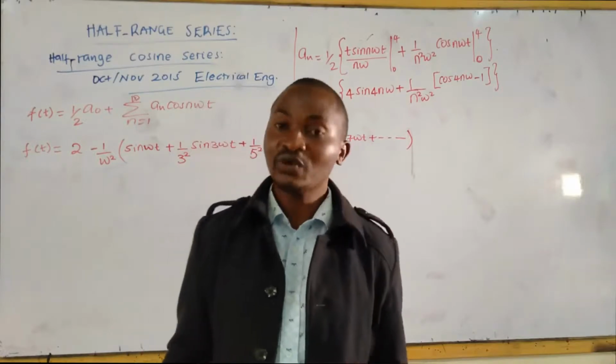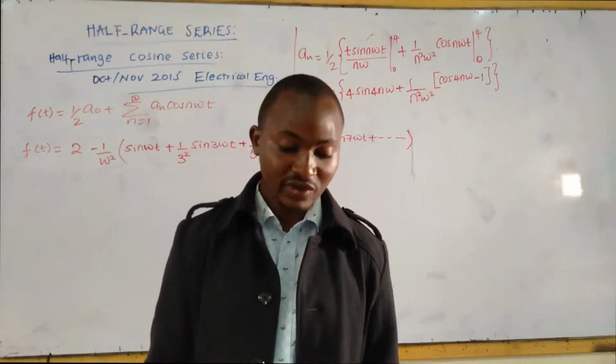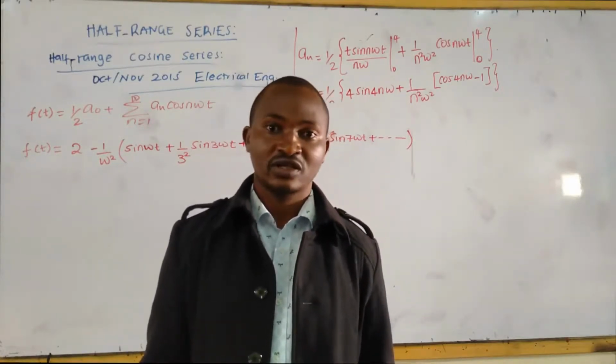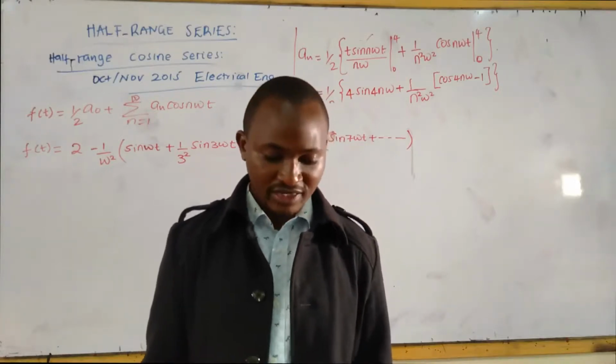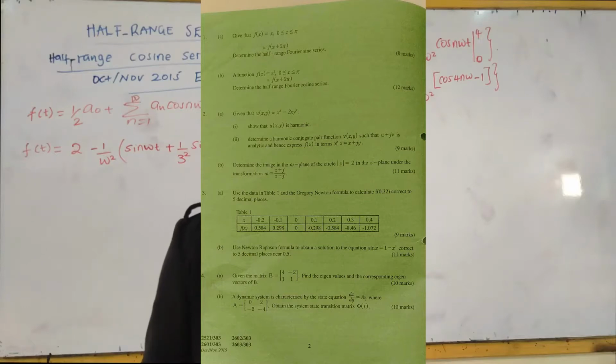So question 1 will take a lot of time compared to the question we have just done, question 8. Question 1 is A and B Fourier series, 20 marks.